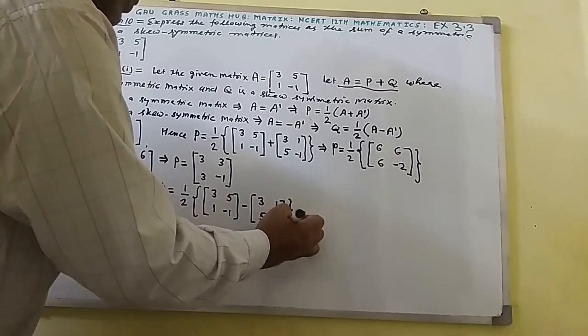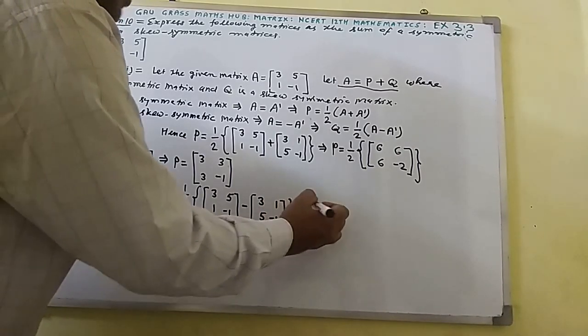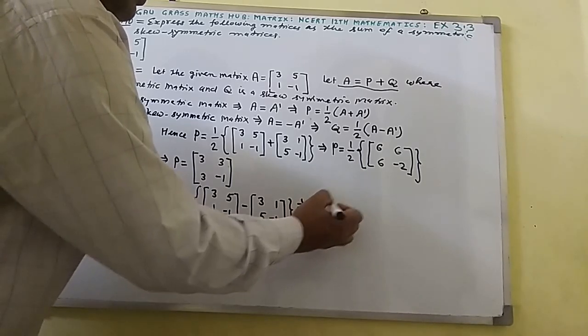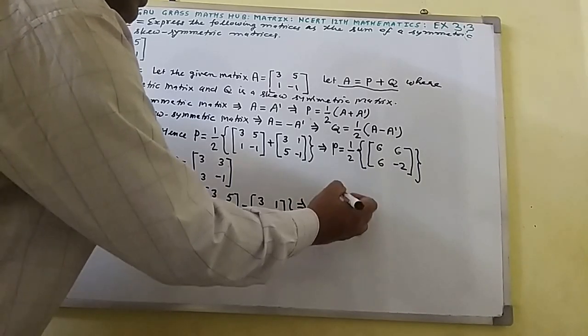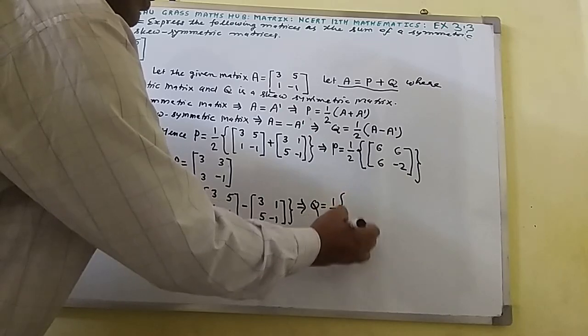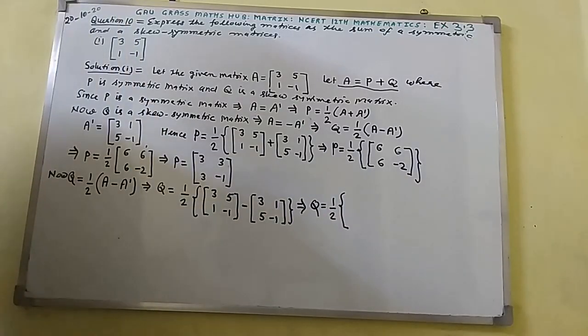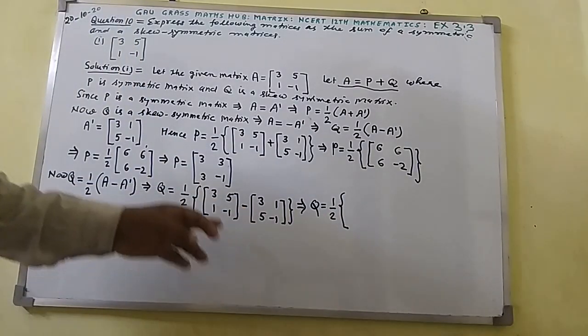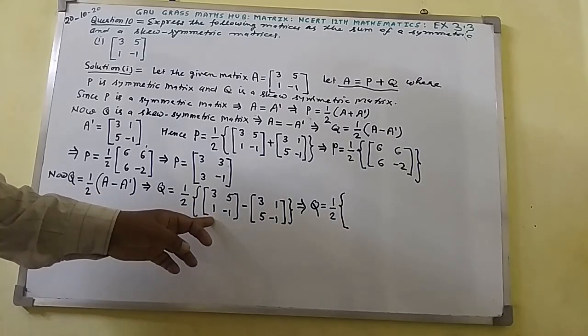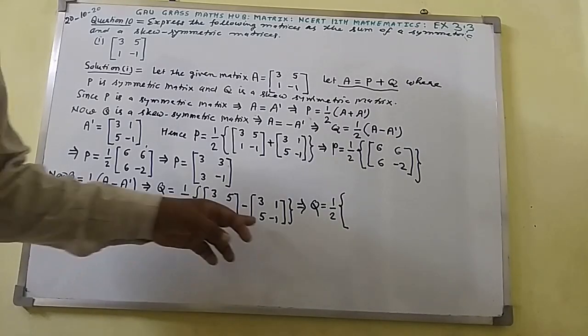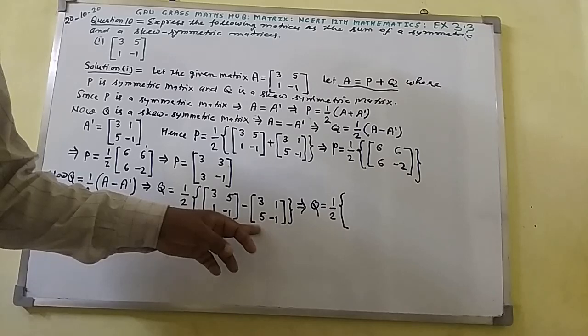Curly bracket will be closed. So this implies that Q is equal to 1 over 2. Here you can see minus is there. This matrix is of order 2 cross 2 and this matrix is also of order 2 cross 2.